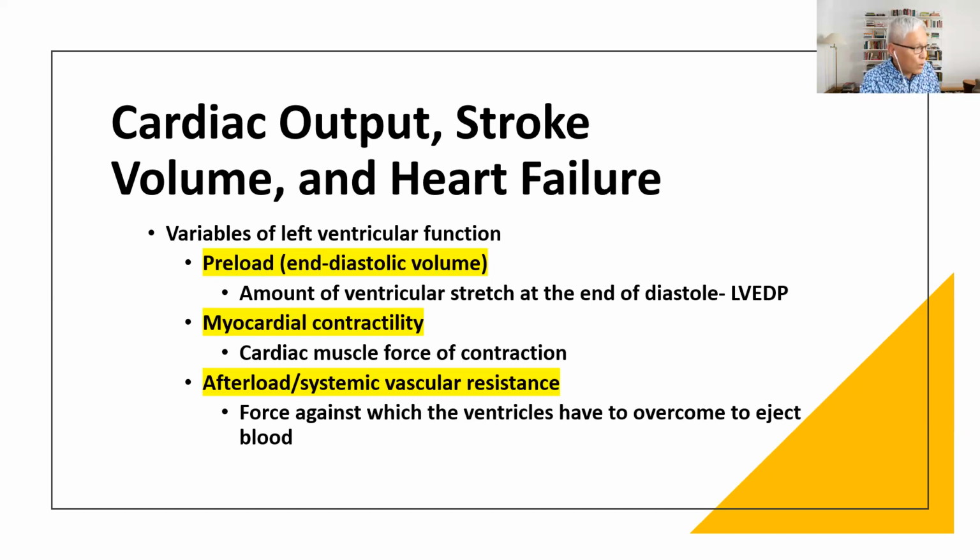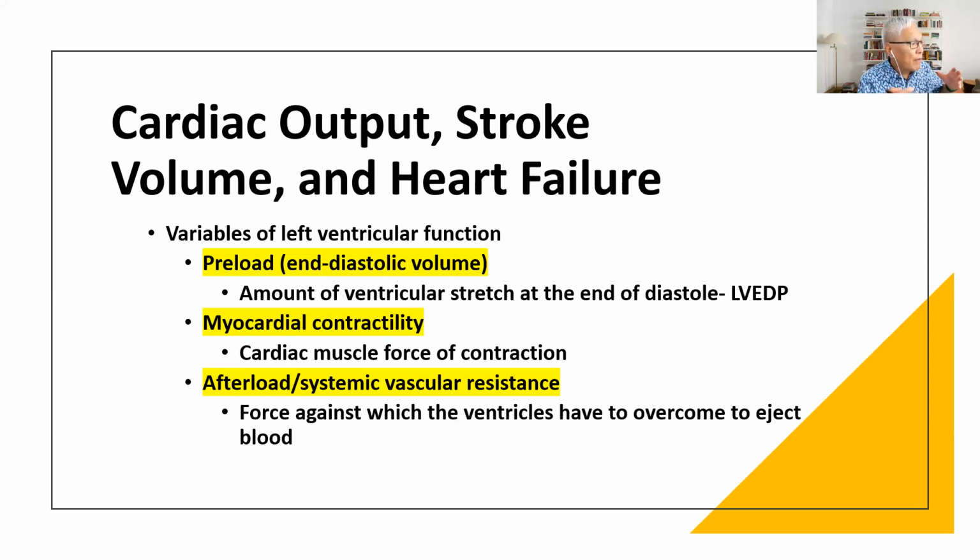So that's preload, the amount of ventricular stretch at the end of diastole, and afterload, the force the ventricles have to overcome to eject blood. Now, there's another factor that determines cardiac output, and that is myocardial contractility. If your contraction is going to be less, then you're going to have a decrease in cardiac output.